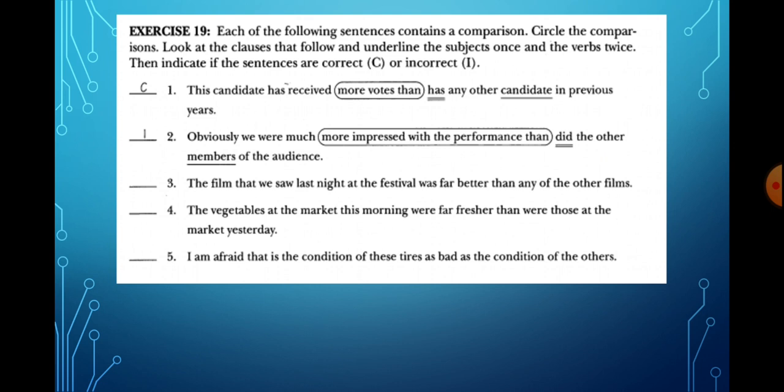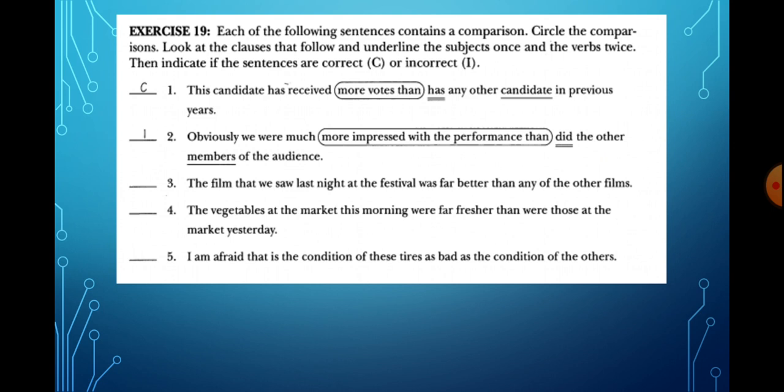Now, if you look at the examples: this candidate has received more votes than has any other candidate in the previous years. This candidate is the subject, has received the verb, more votes than, this is the comparison. Has any other candidate: here we made an inversion. So is there anything wrong in making an inversion with comparison? There is nothing wrong with that. So this sentence is correct.